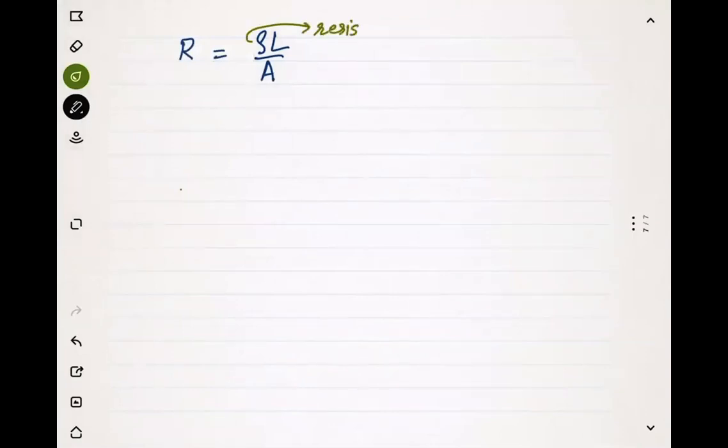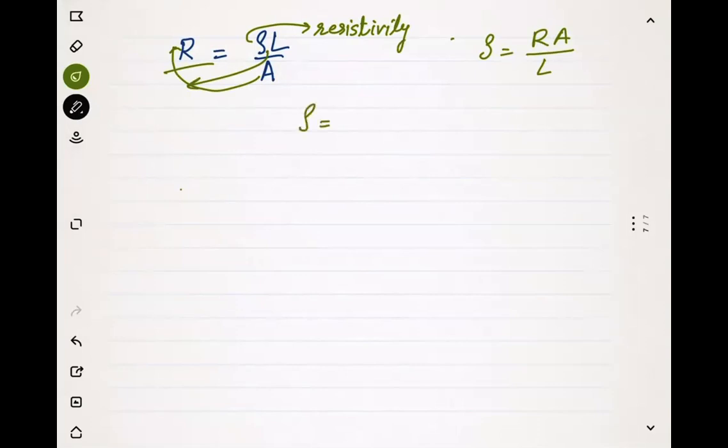If we make resistivity the subject of the formula, it would become rho is equal to R times A over L. A will be multiplied with R and L will be divided. So from this formula, we can get the base unit and unit of resistivity.